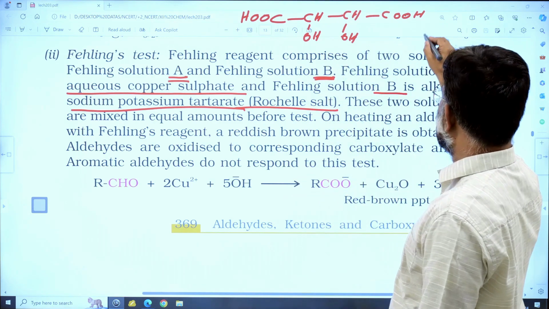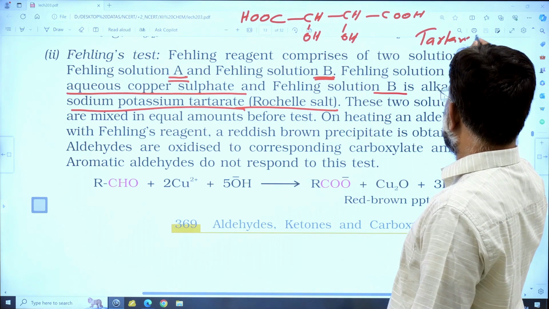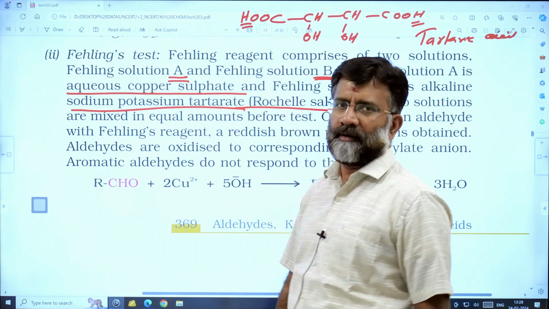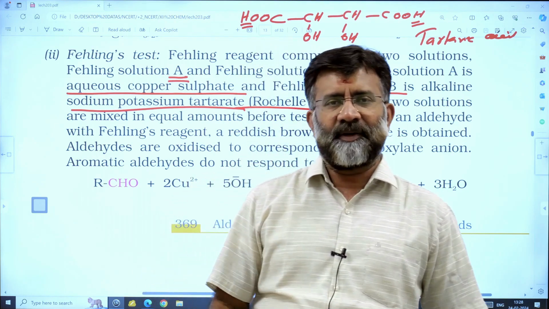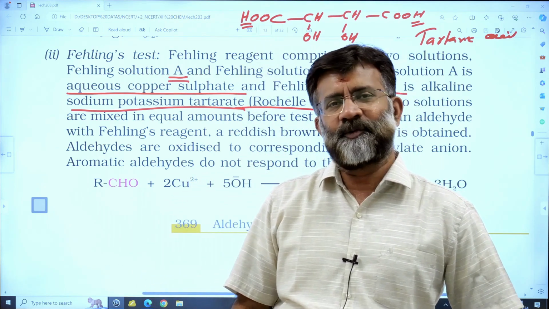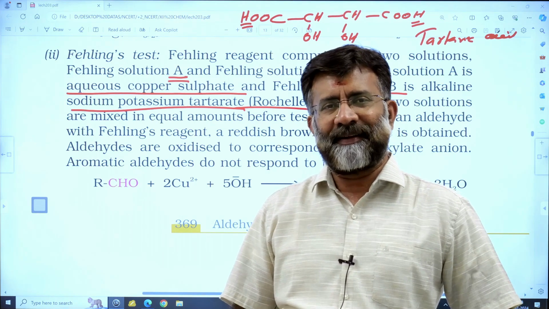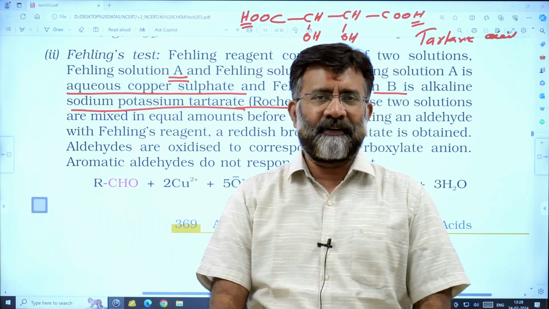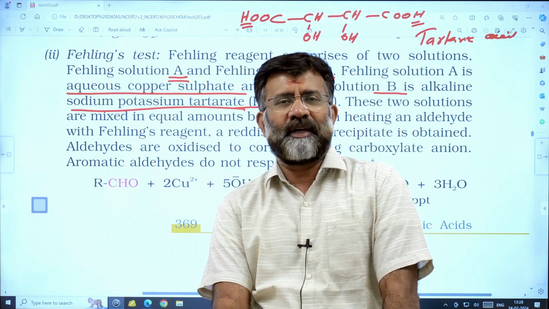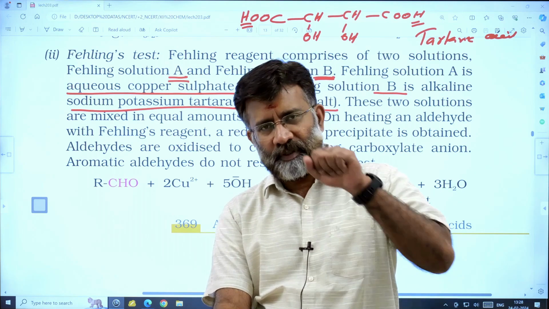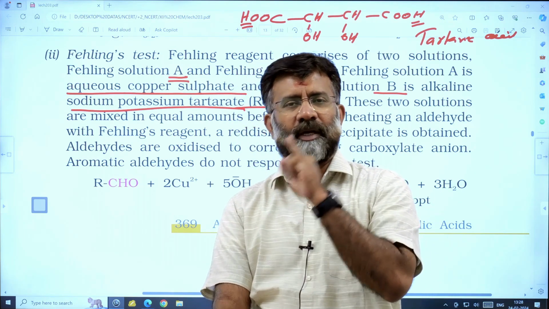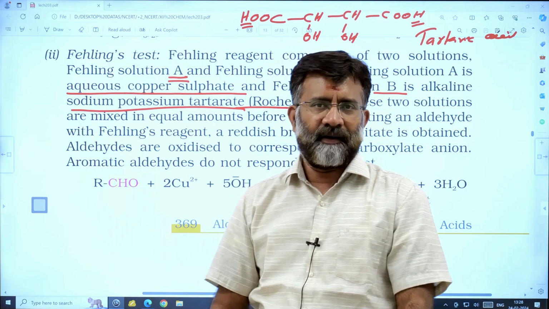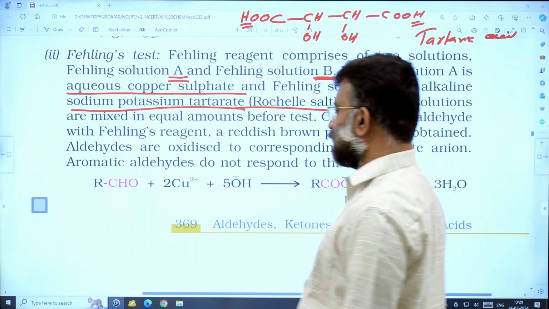It is a dibasic acid that can form two salts, and sodium potassium tartarate is popularly called Rochelle salt. Copper sulfate solution with sodium potassium tartarate together is called Felling's reagent, and the corresponding test is called Felling's test.